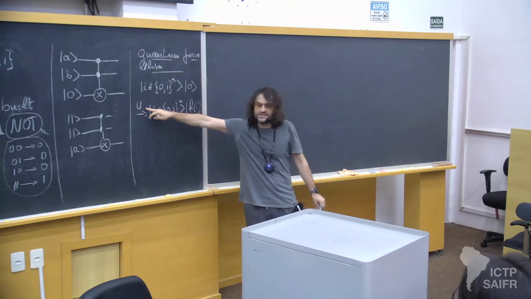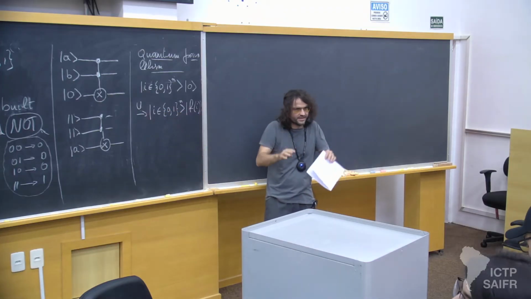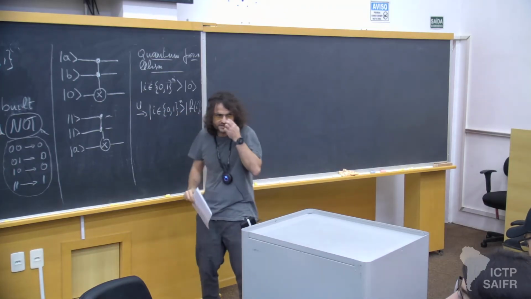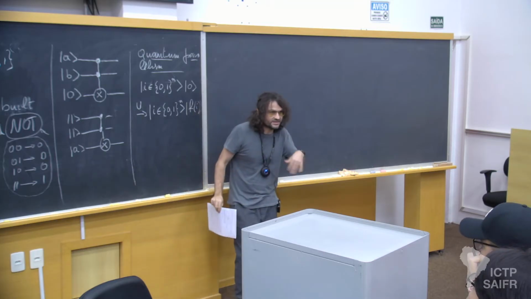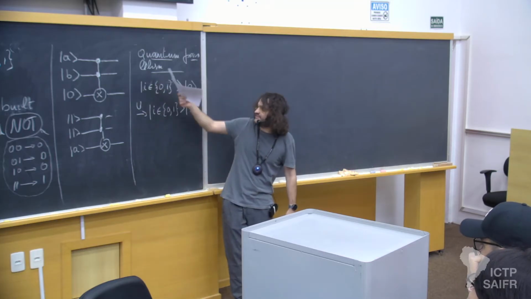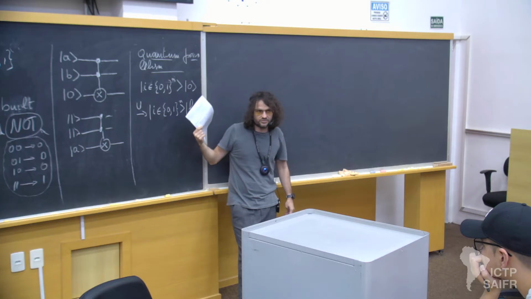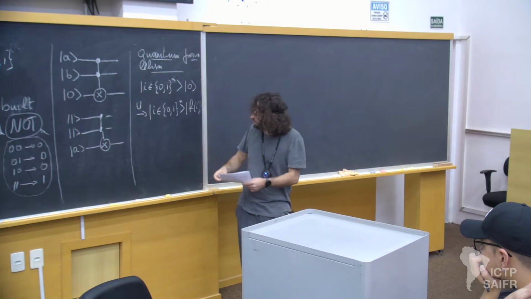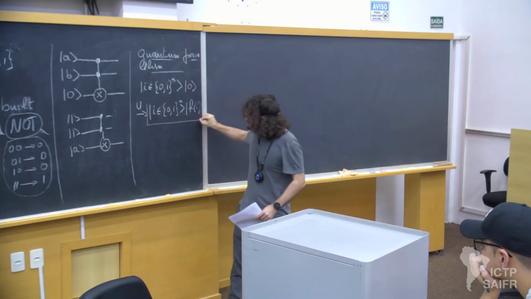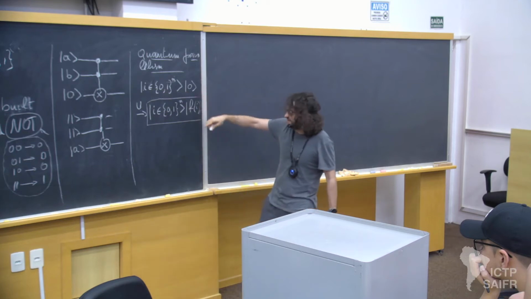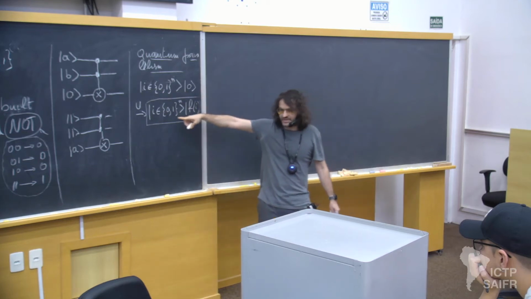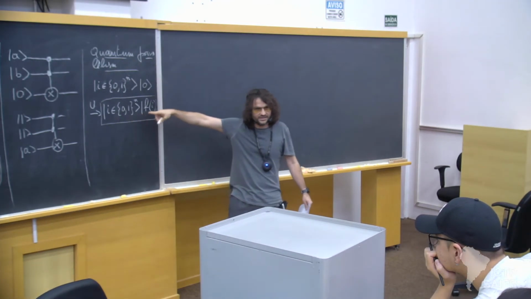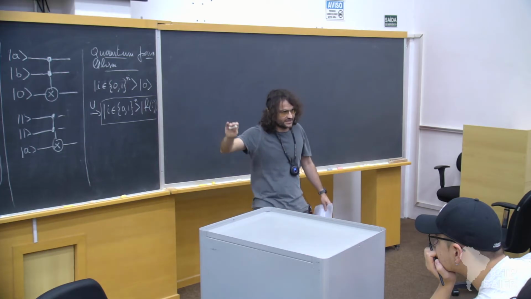This U might be complicated, I'm not saying that it's simple, but there must be a circuit that can reproduce a given Boolean function that we want to implement. So this is a way to implement the result of a Boolean function starting from an input that is coming in the first register, and then in the last register we get the result.